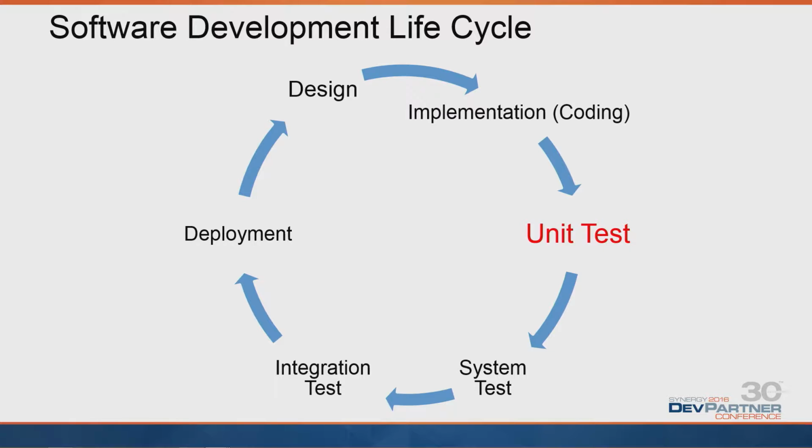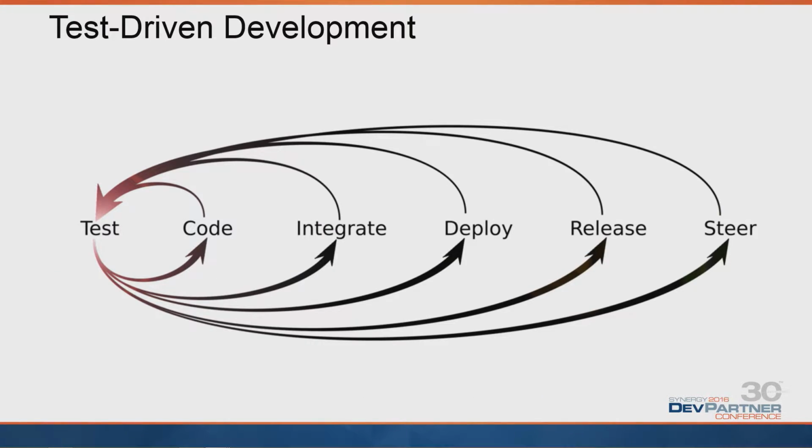However, in test-driven development, the test is made before the program is written. Before the code is written, we come up with the test. And by defining the test first, you then implement the test when you write the code. So you think about what the test is, so it leads to better quality.